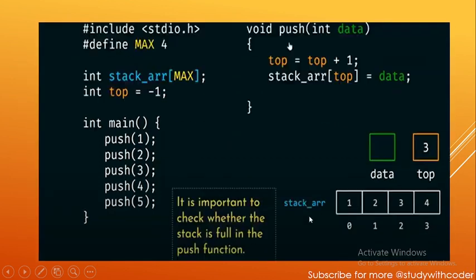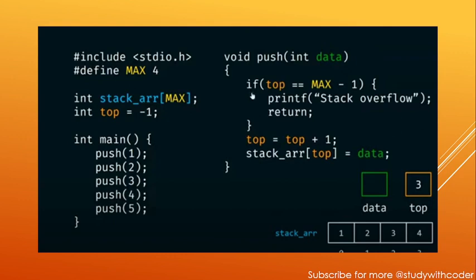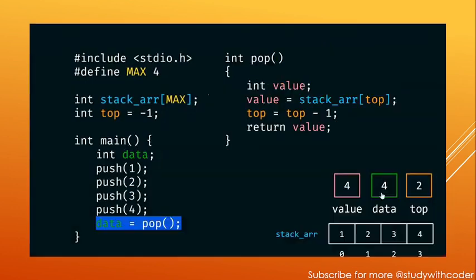So it is important to check whether the stack is full in the push operation for insertion. So here we declare int top is equal to MAX -1. MAX is equal to 4 as we know, and then the condition: if top is equal to MAX -1, then the stack is overflow and return null.